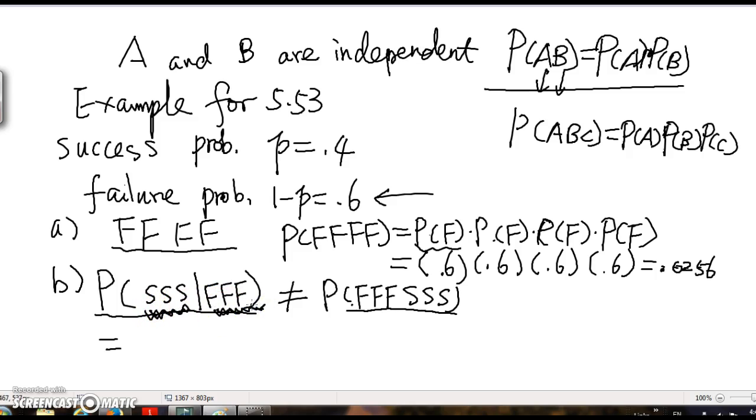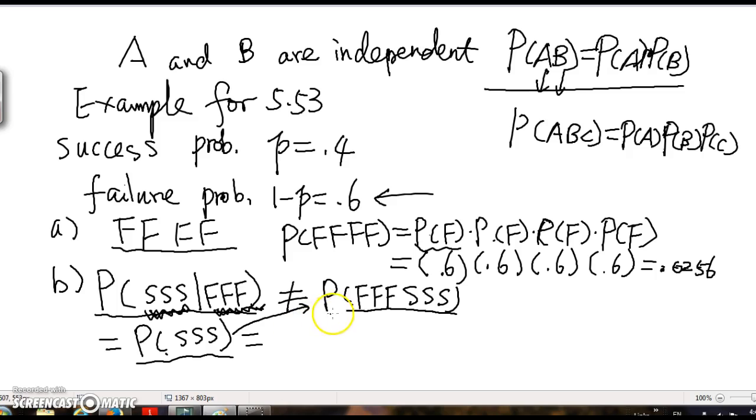Even if the first 3 trials were failures, they're not going to affect the results of the next 3 trials. So the conditional probability is going to be the same as if the first 3 trials didn't happen. So if we're looking for the probability of 3 successes, it's going to be the same as that. Notice that this is totally different from that.